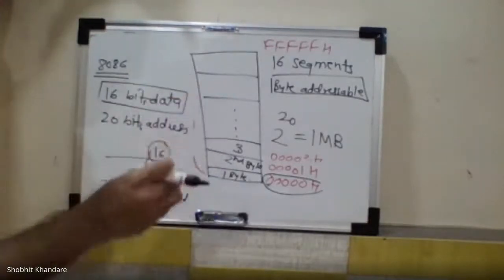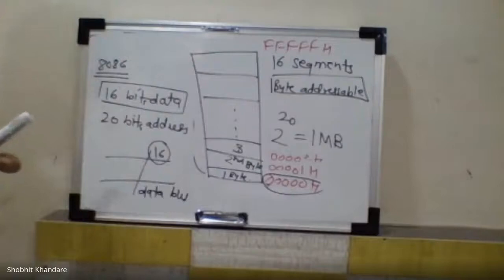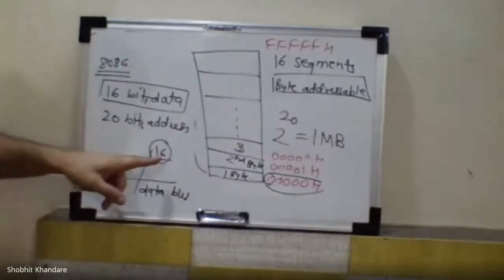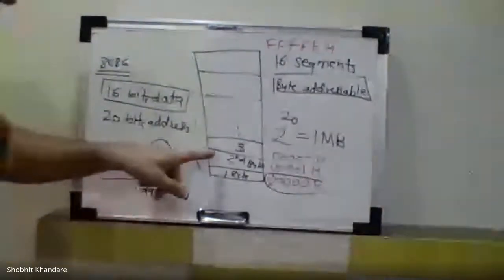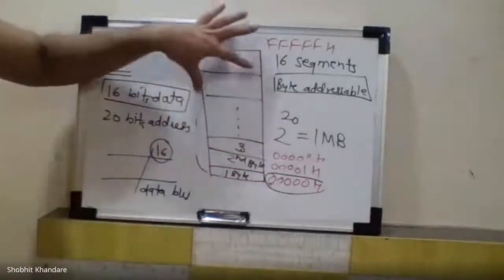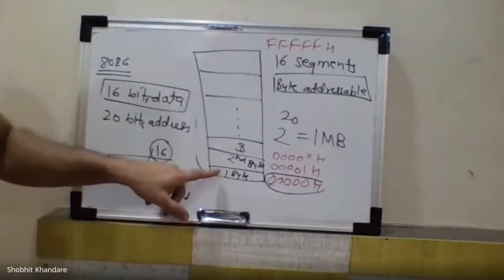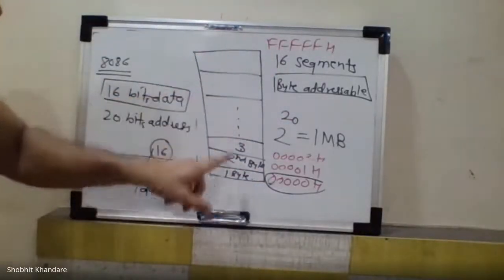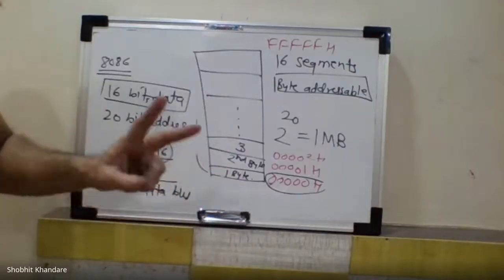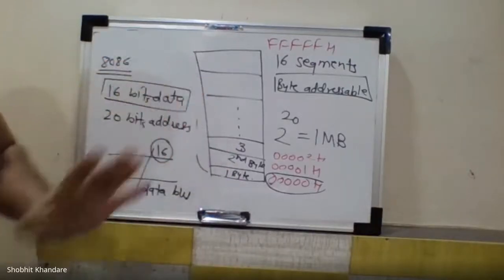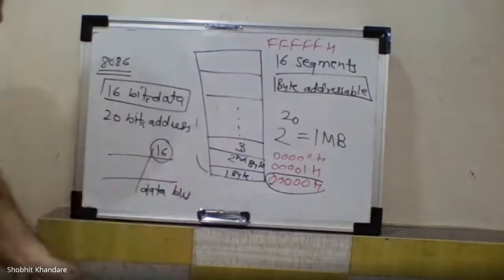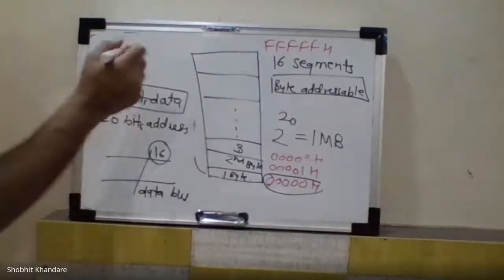Now, in short, to access 16 bits of data from the memory location, I would require 2 memory read cycles. What is the meaning of 2 memory read cycles?